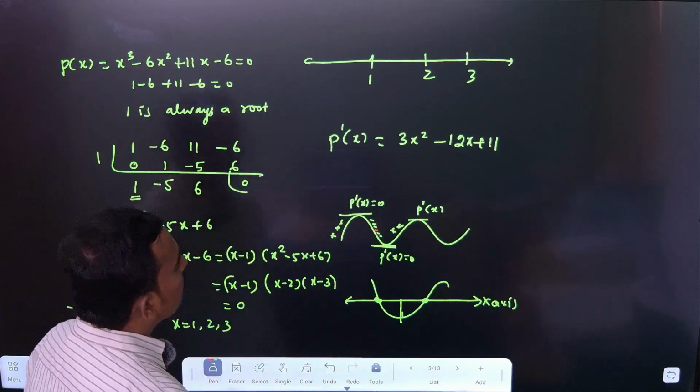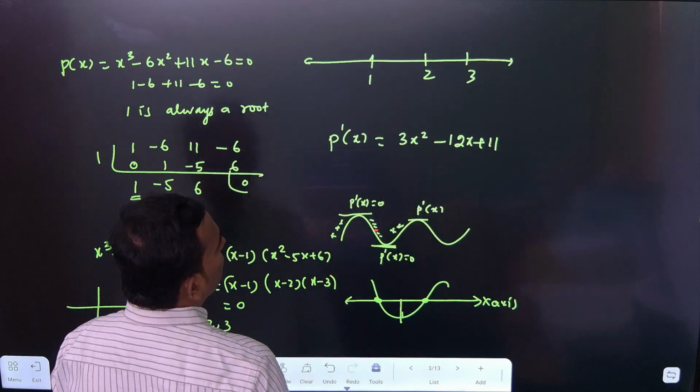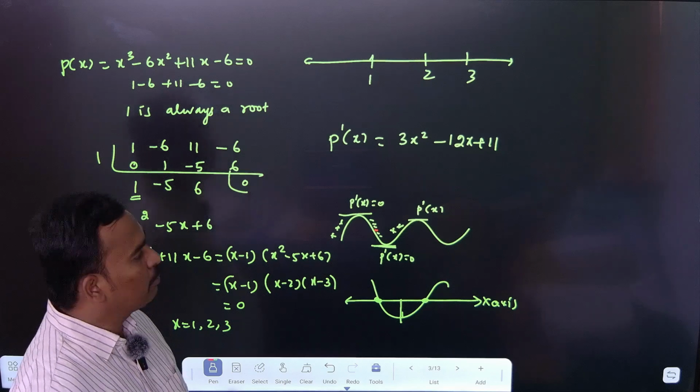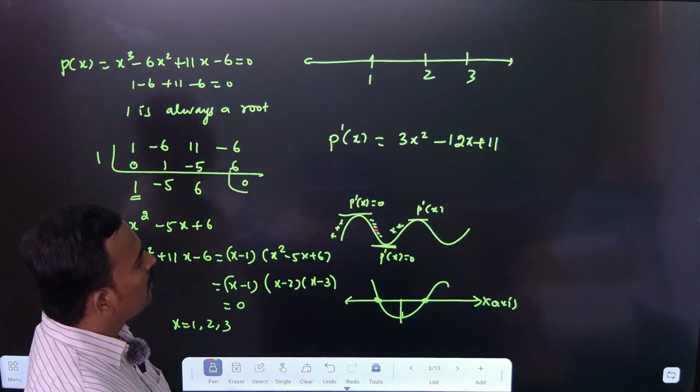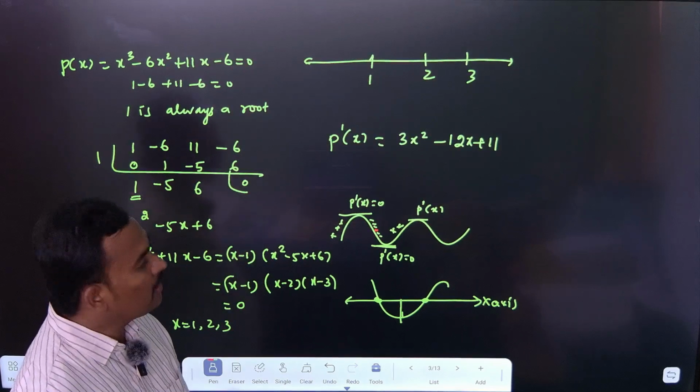Let us take 0, right? It's less than 1, 0 only. You can take a simple number. You substitute it here, it will be 11, it is positive, it is increasing.